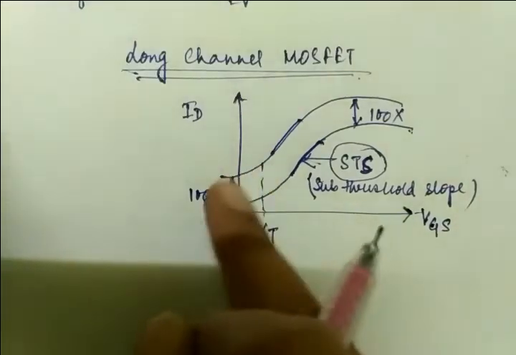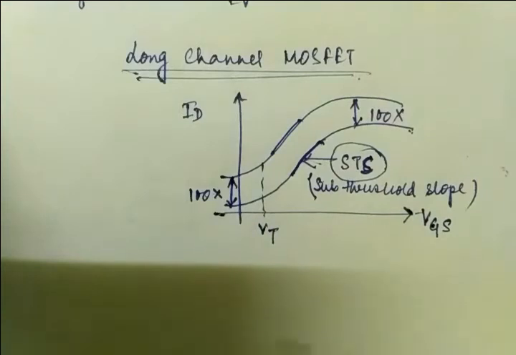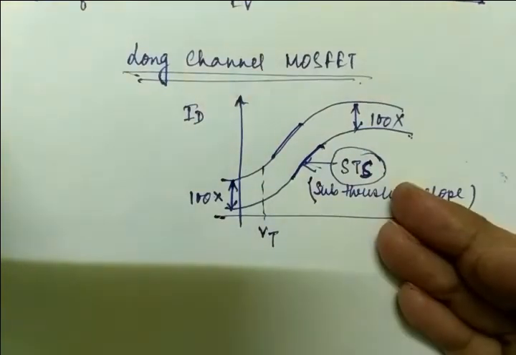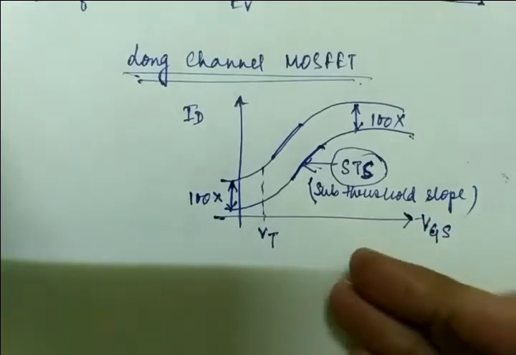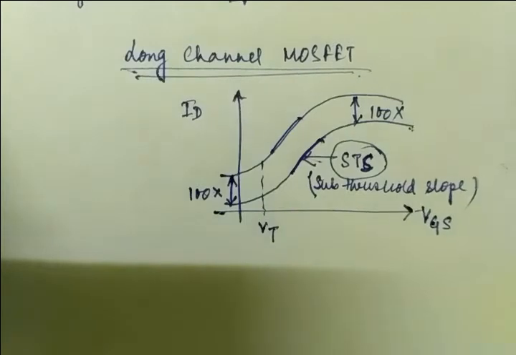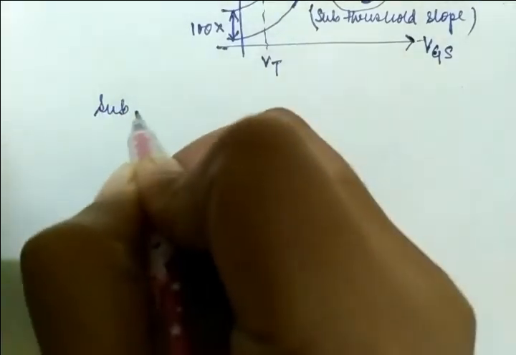But we can control these on current and off current by using this slope, and how, we will see. In order to get the answer to that, we should know in detail what the sub-threshold slope is, right? So just write down this.